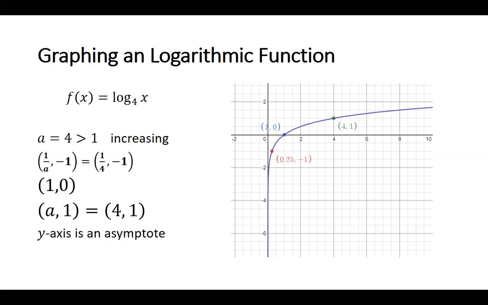But instead of 4, 1, we'd have 4, 3. If I added a negative 2 to the end, it would go down by 2. If I had log base 4 of 5x, it would go through the x-axis 5 times faster. So instead of having 1, 0, we'd have 1/5, 0, etc.